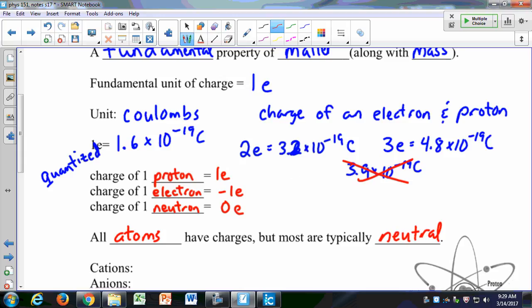Do you understand what I mean by that? Every atom has charges that make up the periodic table of elements, but most atoms in the world are in a neutral state. That means they have equal numbers of positive and negative charges, so their net charge is 0.